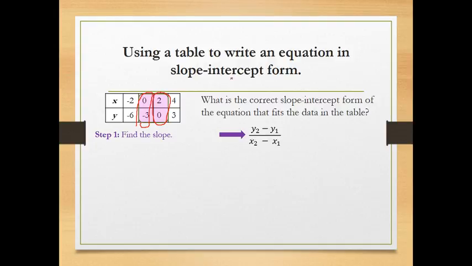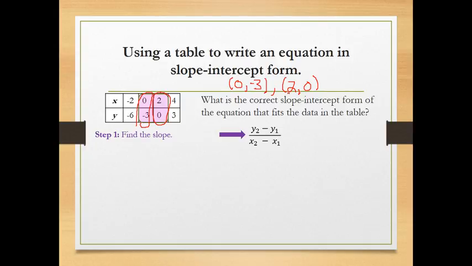And if you want to write it out just how we did in the previous problem, you can, if that helps you more. So if I want to write out that I have the ordered pair 0, -3, and then I want to write out that I also have another point, which I happen to pick as the 2, 0, we can write them out this way and then do it just how we did the last example, where I assign one point being called the first point and one being called the second point, and then that would make this x1 and the -3 y1.